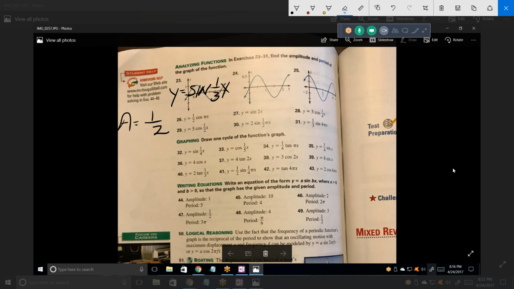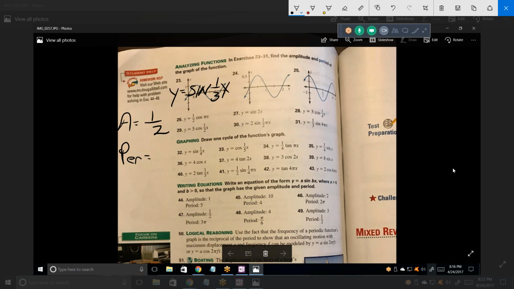I got to solve for B also. No, actually I don't. It just wants the period. I don't need B. Just tell me what the period of 24 is. So the period would be 2 pi over B. No, first of all, we don't know what B is.